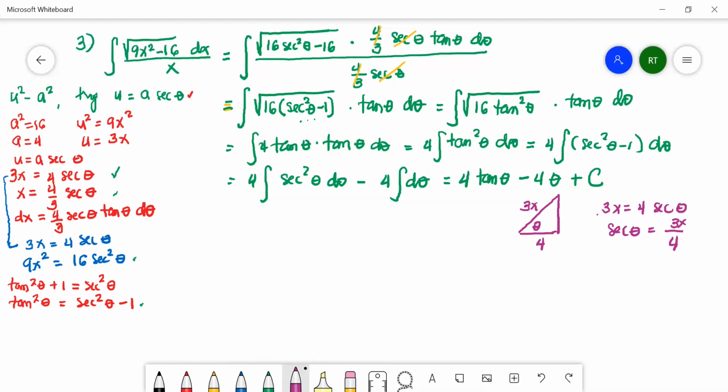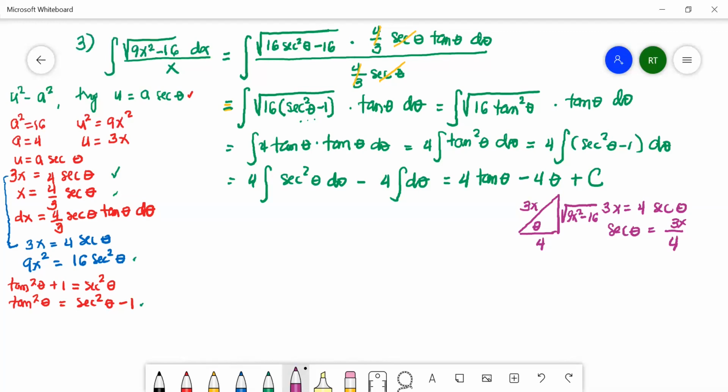Hence, the opposite side is equal to the square root of the square of the hypotenuse, 9x squared, minus the square of the adjacent side. So that gives us the square root of 9x squared minus 16 as the opposite side.